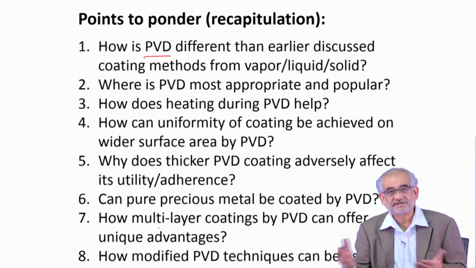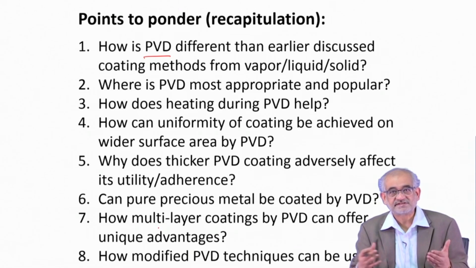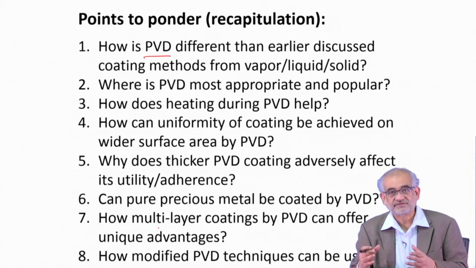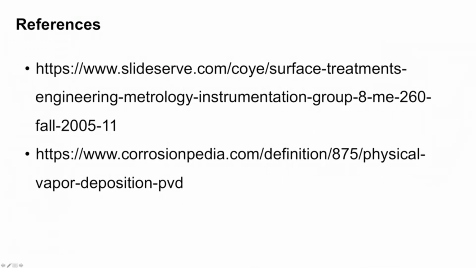And in the process, we can create certain devices or sensors or other kinds of applications with a microstructure which is very exotic and not possible by conventional techniques. So we stop here now, and in the next lecture we'll discuss a special technique of PVD called sputtering. Thank you very much.